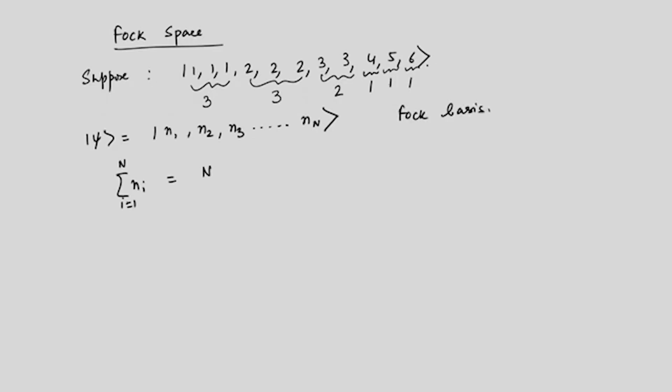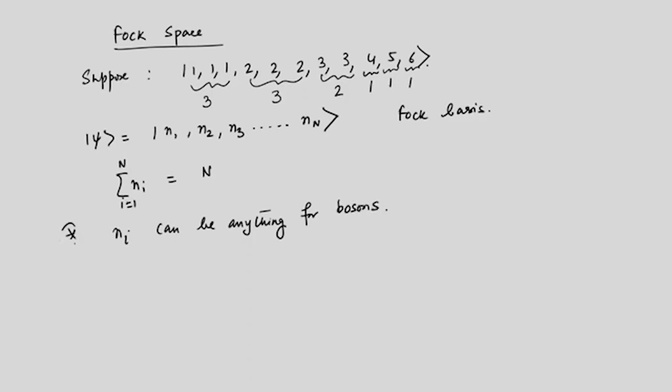and this will help us in writing down a second quantized Hamiltonian. Let us see how. Okay. So, Ni can be anything for bosons. Okay.